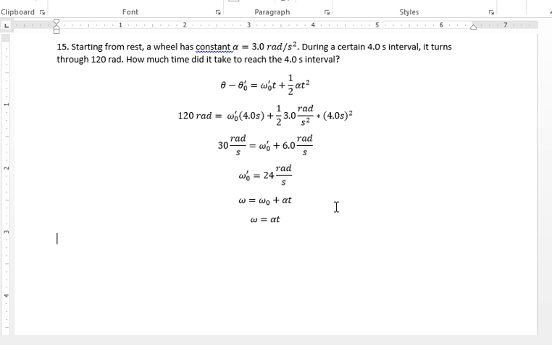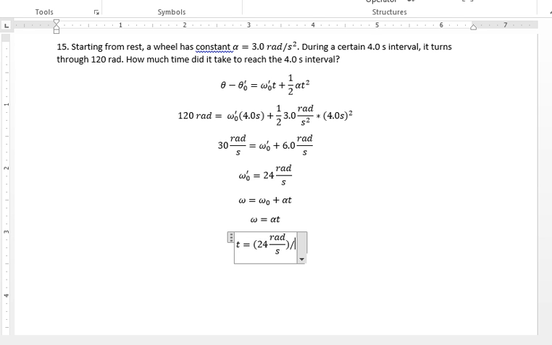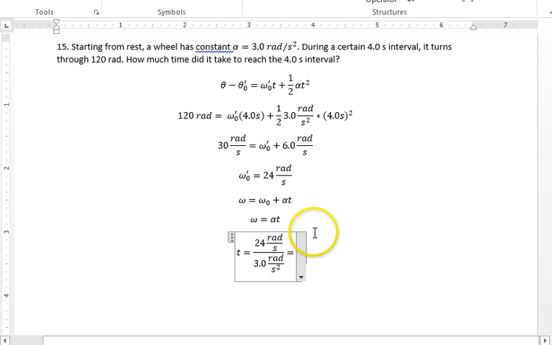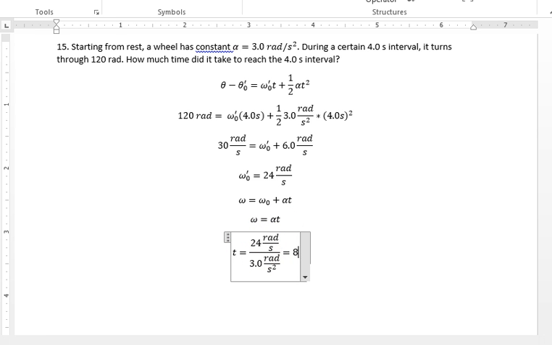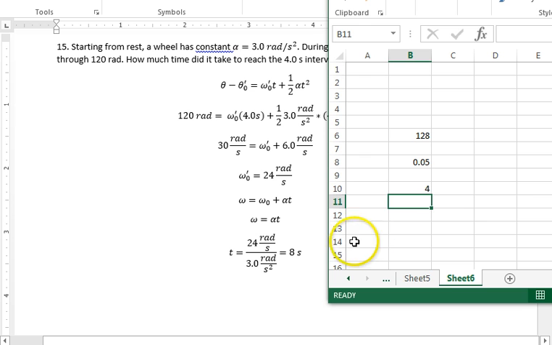We're looking for the point at which t is this 24 rads per second divided by the 3.0 rads per second squared, right? So 24 divided by 3 is, what is that, 8? So 8 seconds. It's too early in the morning, haven't had enough coffee. Right, 24 divided by 3 is 8, yes.